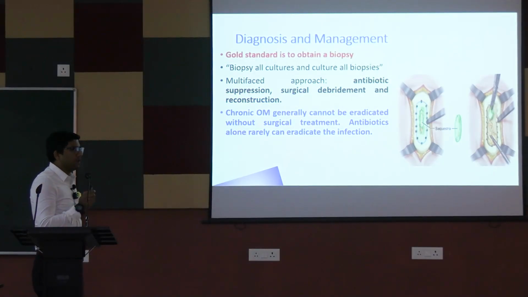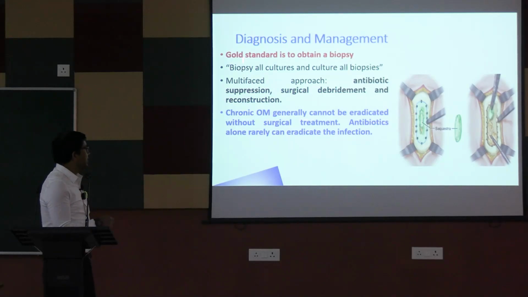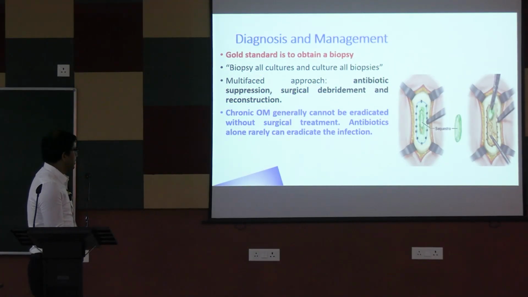In chronic osteomyelitis, the mainstay of treatment is surgical removal of the infected focus followed by biopsy. Following the surgical removal, you have to start the antibiotics, and also after removal of the necrotic focus, you have to do some kind of reconstruction.